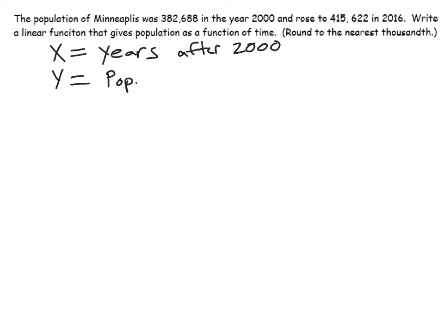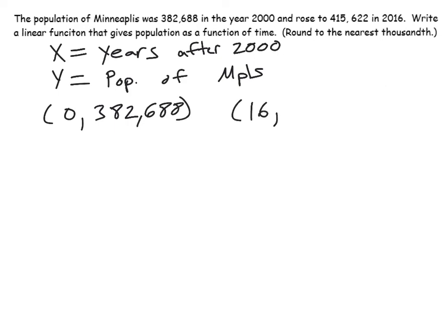Your Y variable, that's the population of Minneapolis. Okay. And by the way, just to clarify here, having defined that, I have two pieces of data. When X is 0, or the population in the year 2000, it was 382,688.